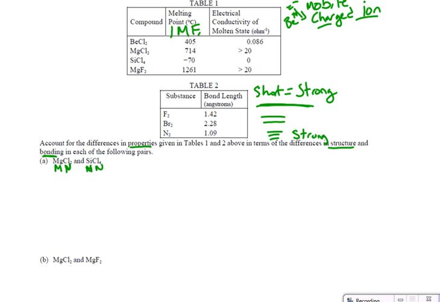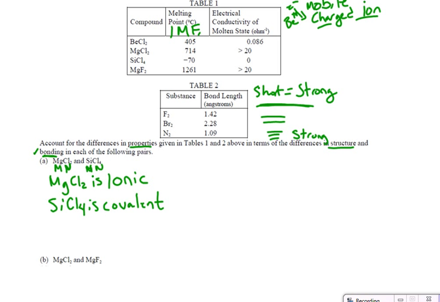Chlorine is a nonmetal, so I've got two nonmetals together. What is that? It's a covalent bond. So silicone tetrachloride is covalent. All right, and magnesium chloride, if I have a metal and nonmetal, that's an ionic bond. All right, so there we go. I've pointed out the differences in their bonding. Check.